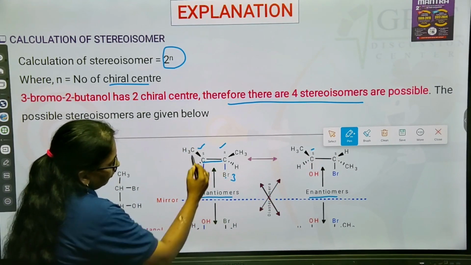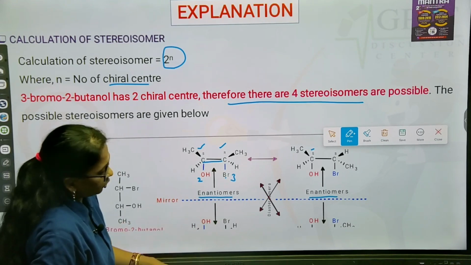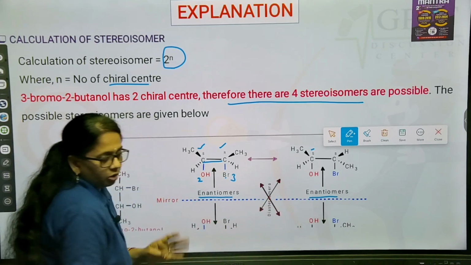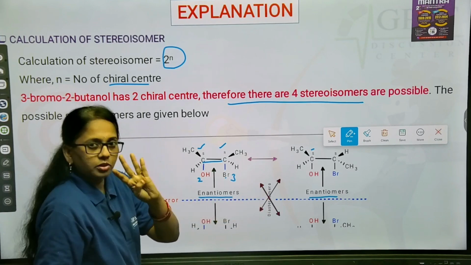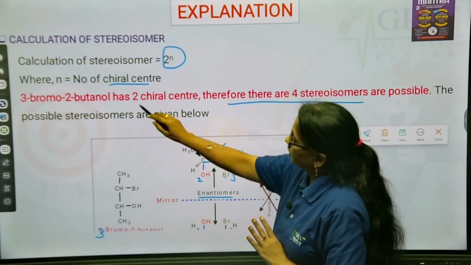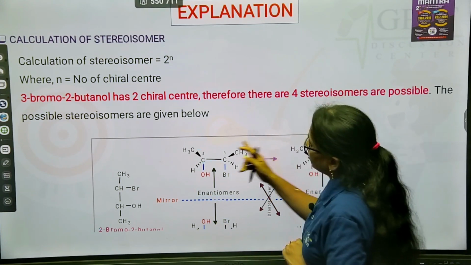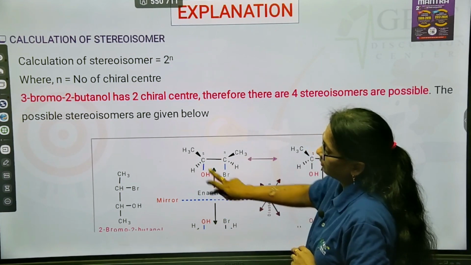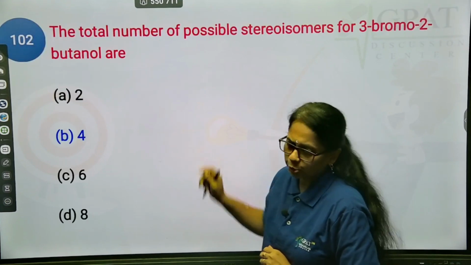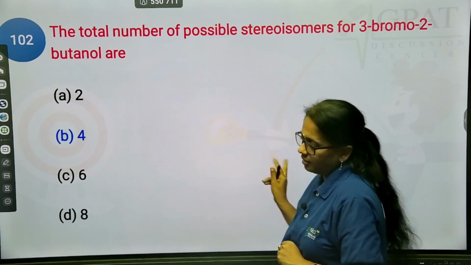And for these two, if you observe the mirror images, these are not going to be the same. So that's why you are going to observe the diastereomers of 4 types. Okay. So there are, because of the 2 chiral centers, you are going to observe 4 stereoisomers for this 3-bromo-2-butanol. So options 2, 4, 6, 8 means option B is the right answer.